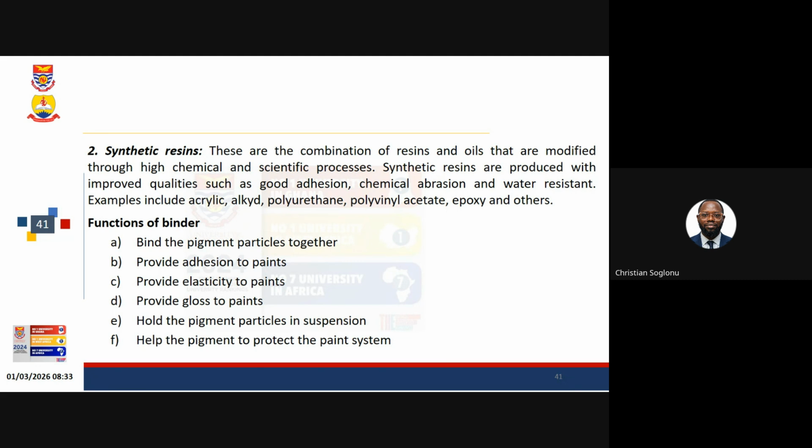With this point, elasticity, it is like an elastic to the paint, so that you can easily stretch the paint to some extent. Hope you understand that point. Provide glossiness to the paint, hold the pigment particles in suspension, and help the pigment to protect the paint system.